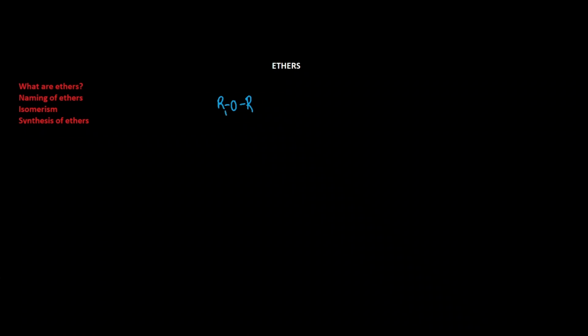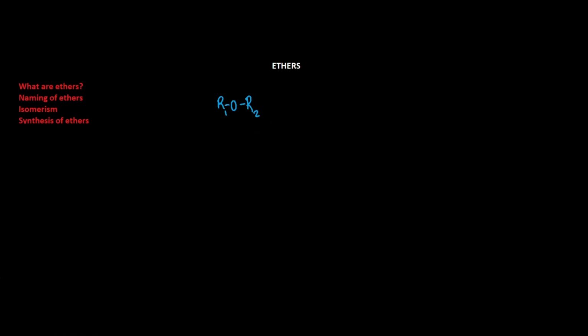Now, these two alkyl groups, R1 and R2, could be the same, or they could be different alkyl groups. Let's first take a look at a situation where they are not the same.